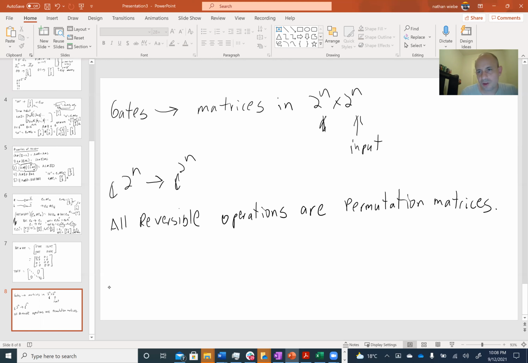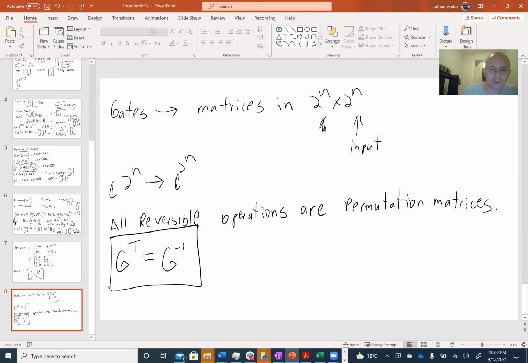Now, permutation matrices are matrices that are a subset of what are known as unitary matrices. And permutation matrices have this property that G transpose, when we're viewing it as a matrix, is actually equal to G inverse. Okay, so this over here is the property that we have.